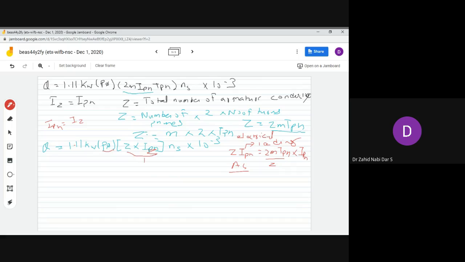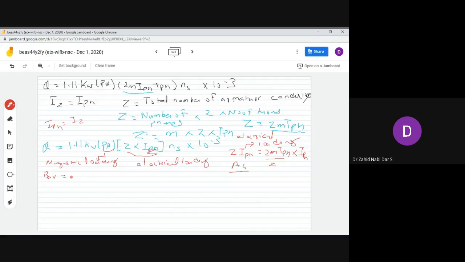See, this term Z into I is called electrical loading, wherein this term is the magnetic loading. Many a times I have written BAV.